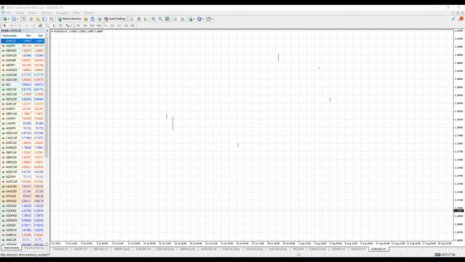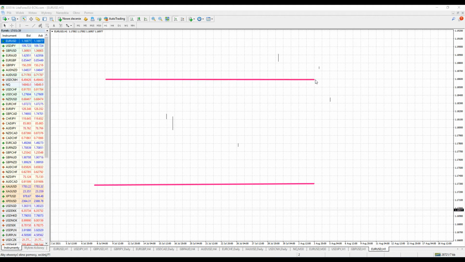Okay, so overall, as you probably remember, when I'm using the horizontal lines, I love to see some kind of failures, especially when the market is going down and breaking through some support line, because it's working as a support.